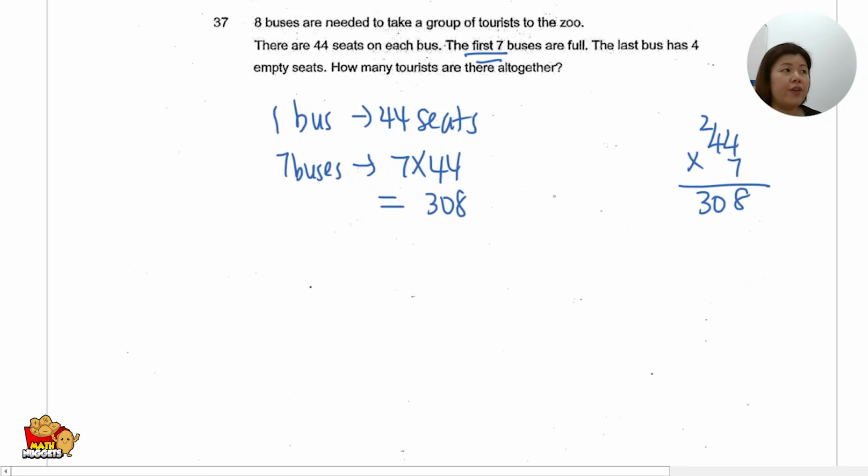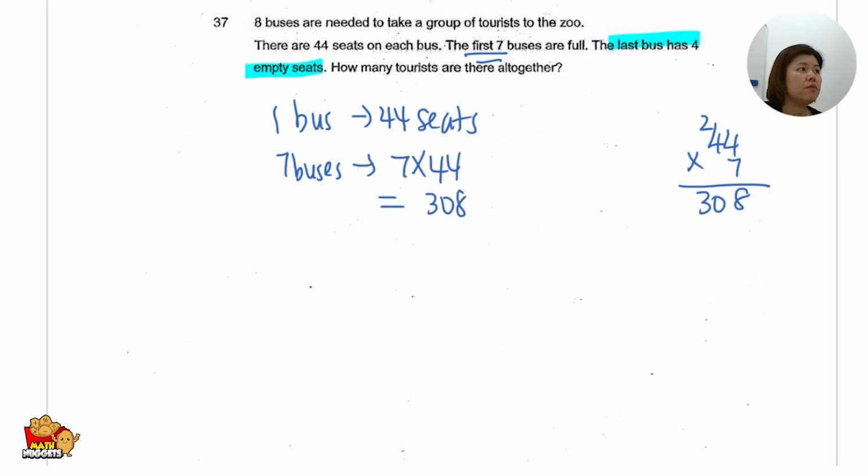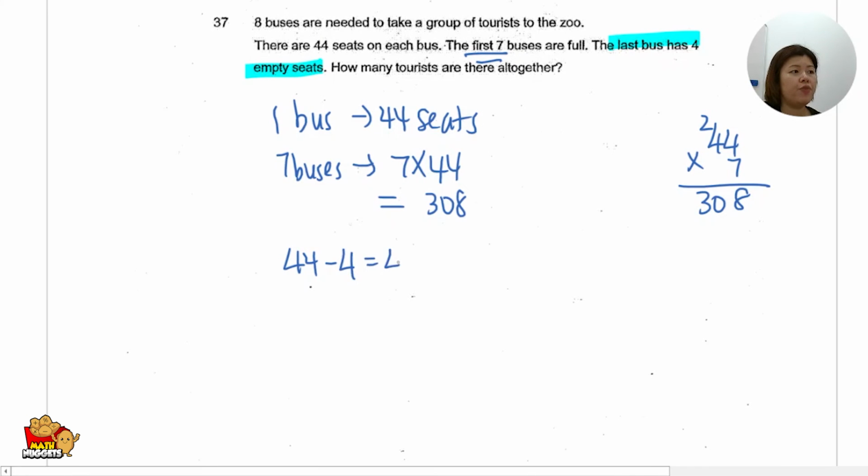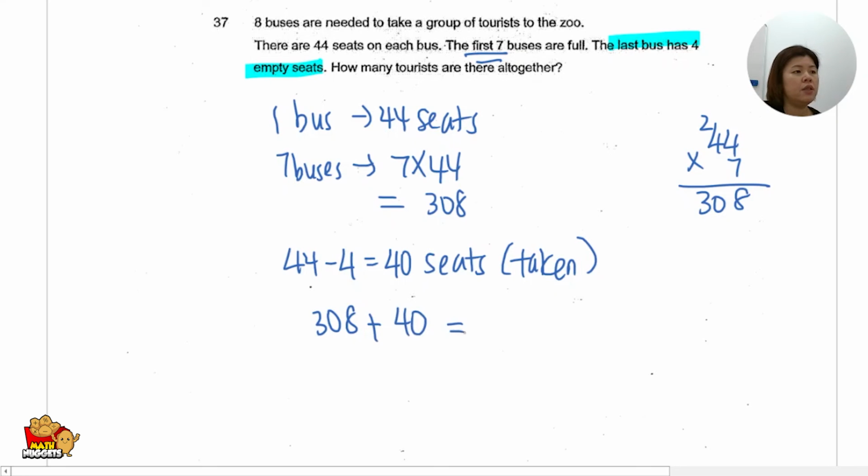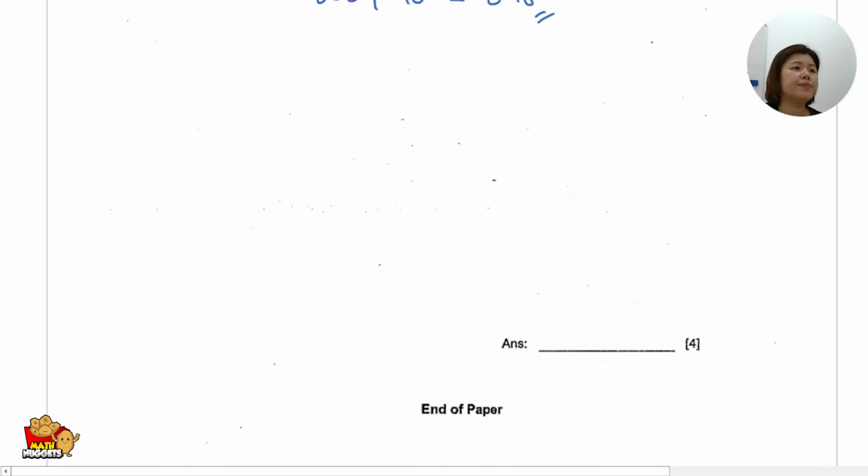I still have 8 buses, right? I need 8 buses, so I already have 7. It mentioned that the last bus has 4 empty seats. So one bus is 44. 44 minus 4, 40. 40 is taken. So how many tourists? We will take 308 plus 40, sorry, equals 348.